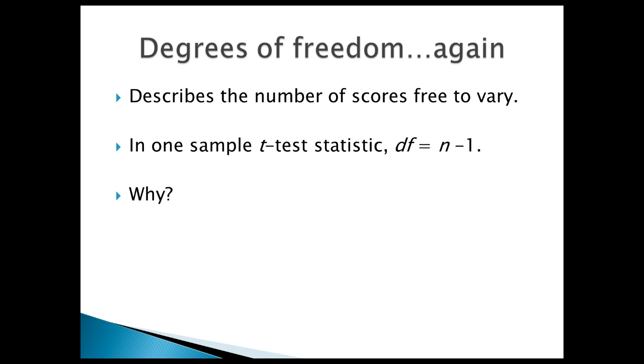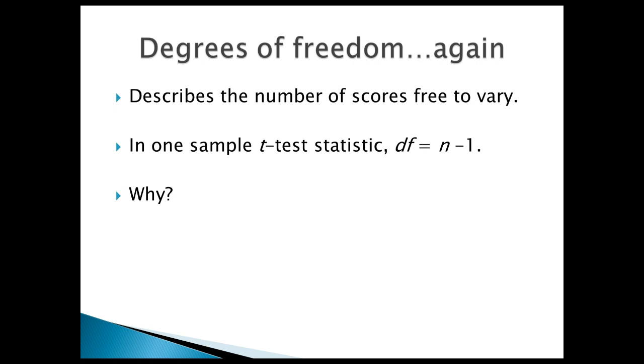Basically, it's because you are estimating a population parameter that you do not have, and that is the standard deviation. And you're estimating it by calculating an estimated standard error. So you've lost 1 degree of freedom there by doing that. So n minus 1 equals degrees of freedom.